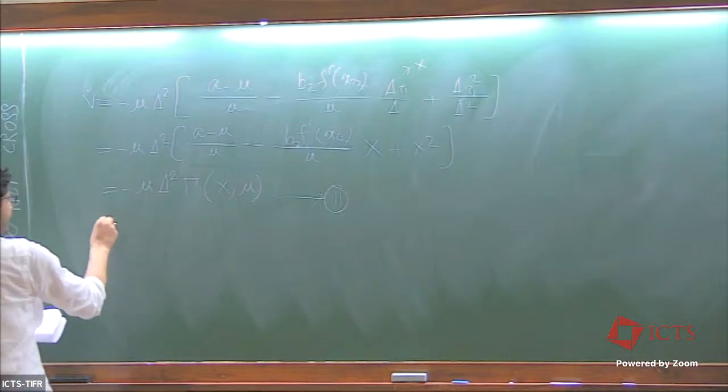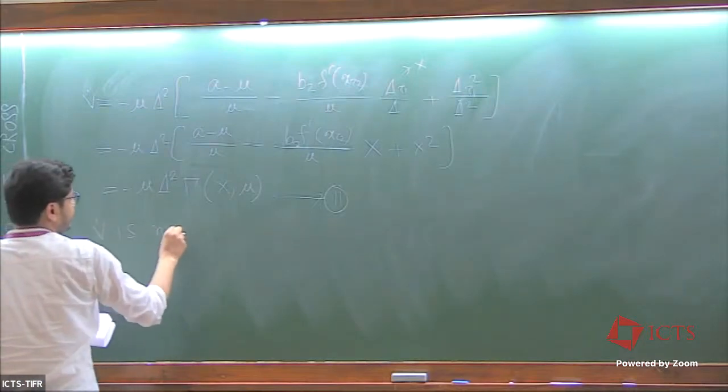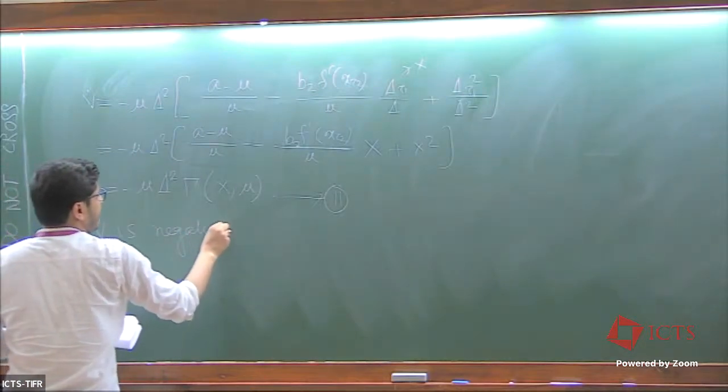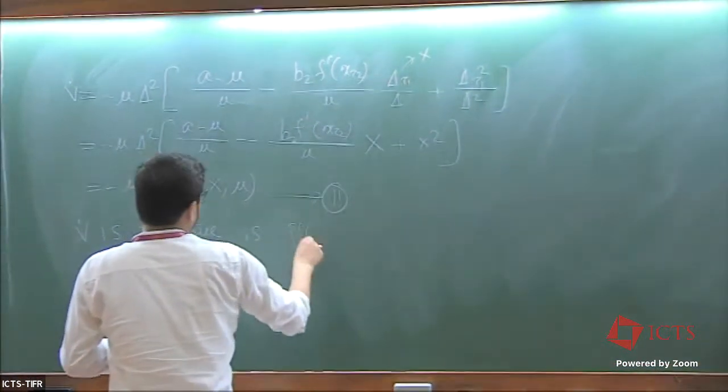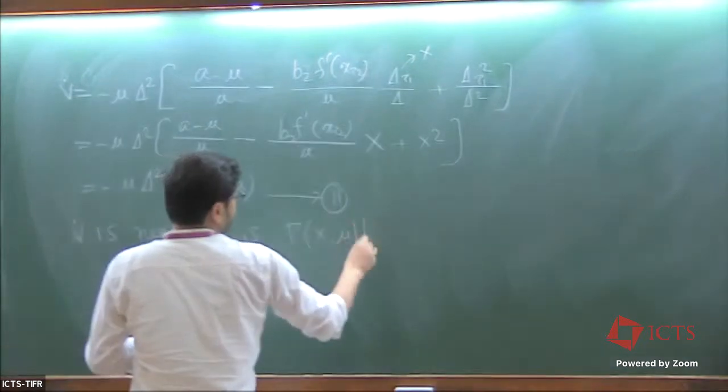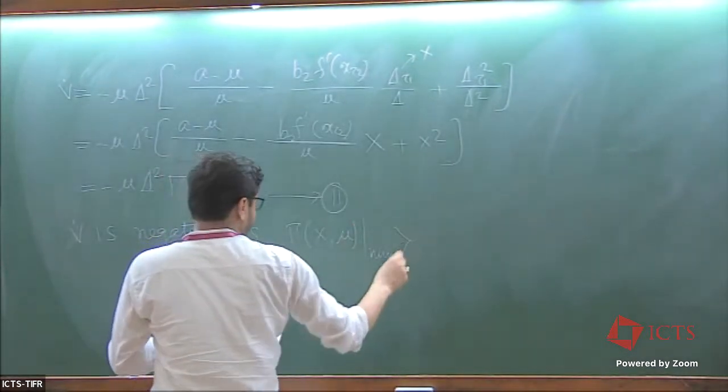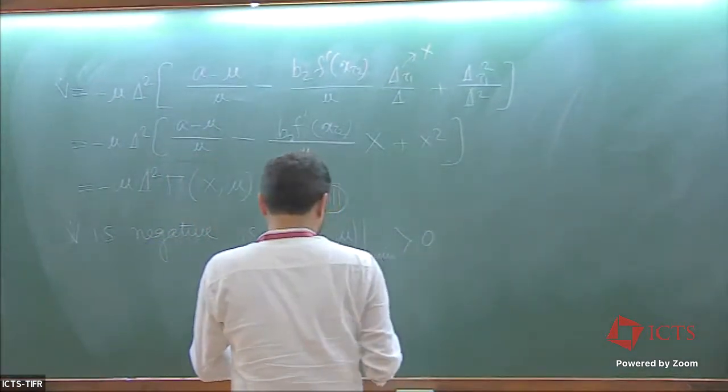So V dot is negative if gamma x mu minimum value is greater than 0.